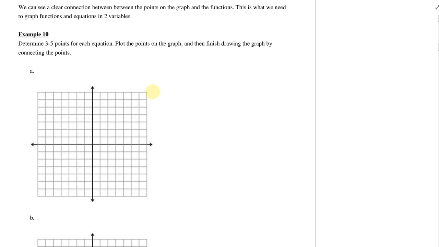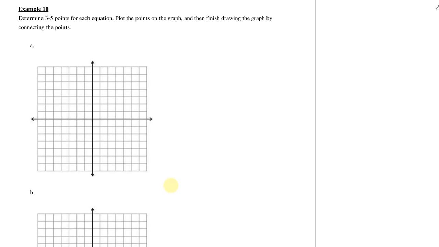Okay, so now that we can see this clear connection between the graph, functions, and y, I want to do a little bit of plotting. This is a really basic way of doing graphs, and we're going to make this a lot easier on ourselves as we go on. But I want to get you used to thinking about graphs. So I'm going to give you an equation.